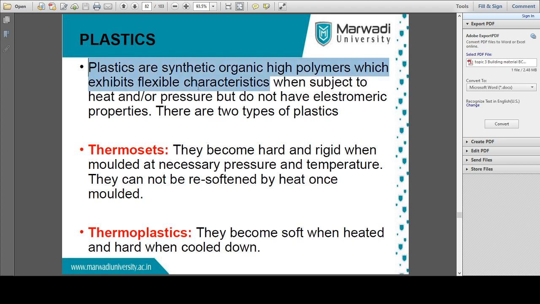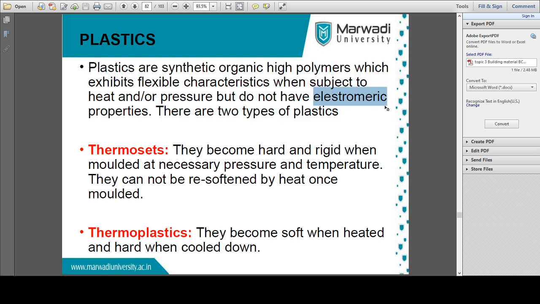You can quickly read the first paragraph of this plastic. The doubt which can arise is about the elastomer.